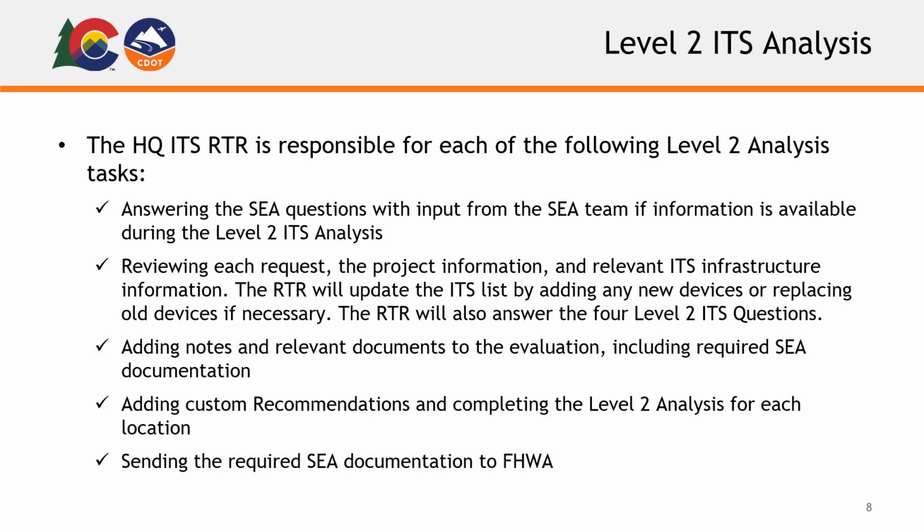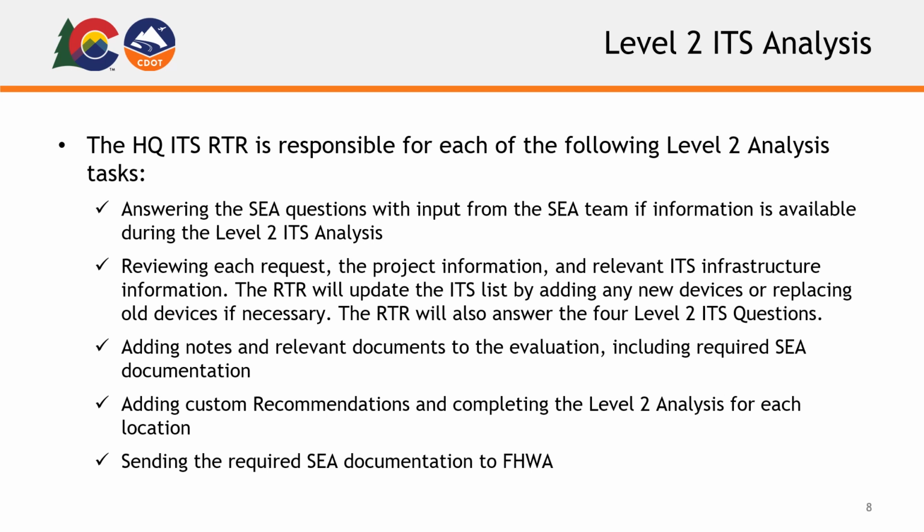The HQ ITS RTR is responsible for each of the following Level 2 analysis tasks: answering the SEA questions with input from the SEA team if information is available during the Level 2 ITS analysis, reviewing each request, the project information, and relevant ITS infrastructure information. The RTR will update the ITS list by adding any new devices or replacing old devices if necessary.